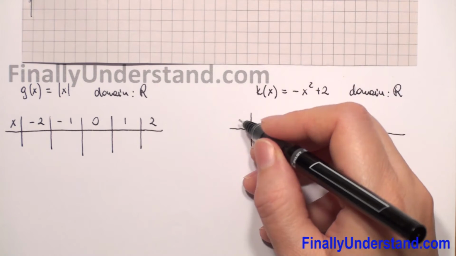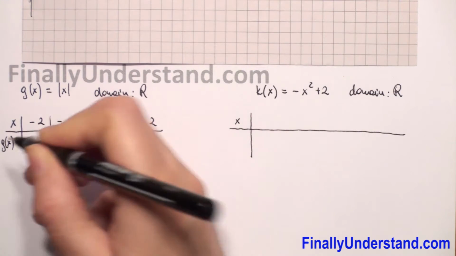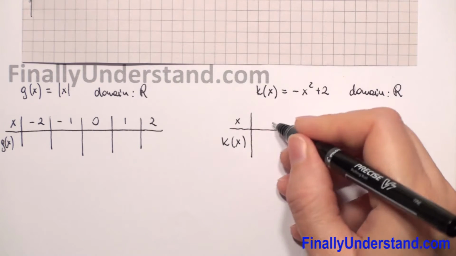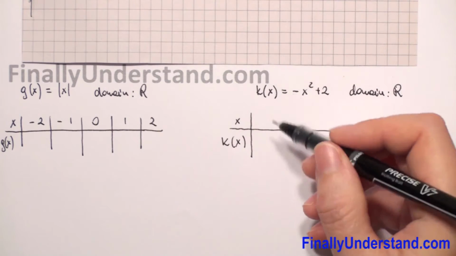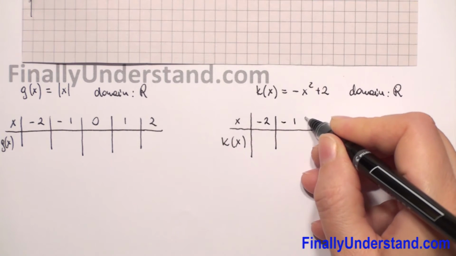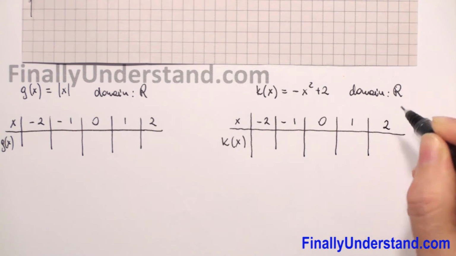So this is x, this is g of x, and k of x is the chart for the k function. We will choose the same values for x, negative 2, negative 1, 0, 1, and 2.